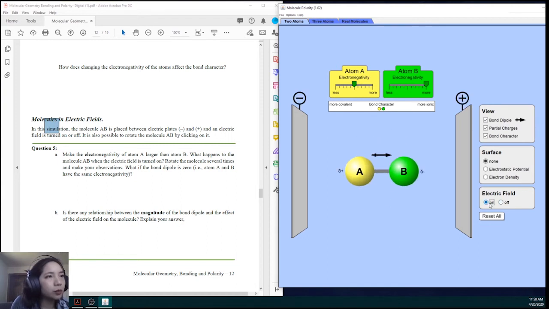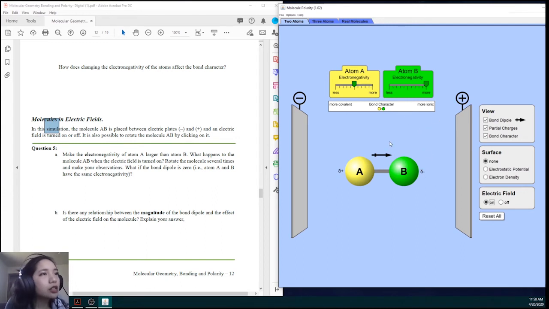Cool. Note where the arrow is pointing, and the signs of the plates of our electric field. Our arrow is pointing to the positive side because that arrow indicates the location of the negative charge.